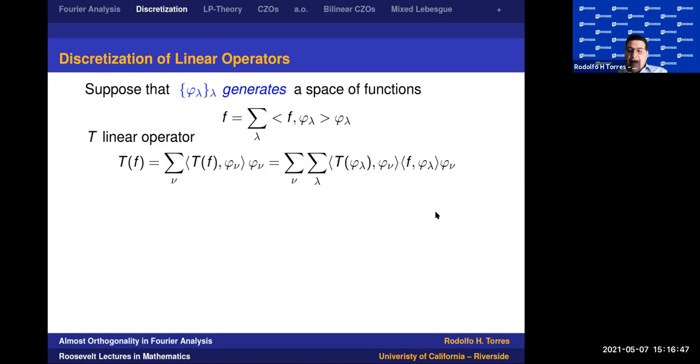And this representation for T of f is nothing more than, although this may be infinite dimensional, what we do in linear algebra, we are associating to a linear operator T the corresponding matrix in a basis of functions. So that's all what we're doing here, except that this matrix now could be infinite dimensional.